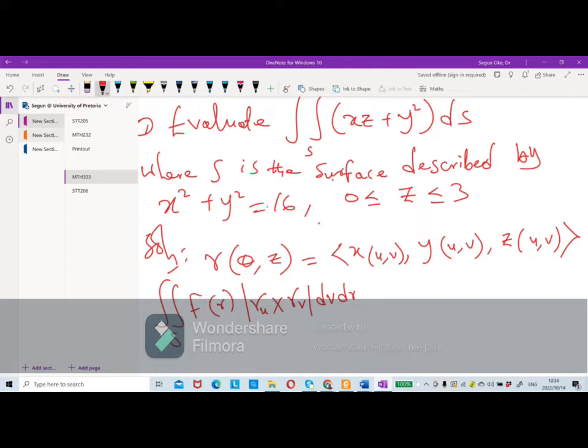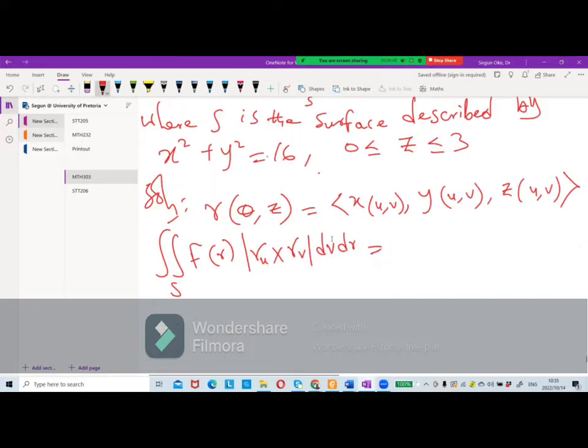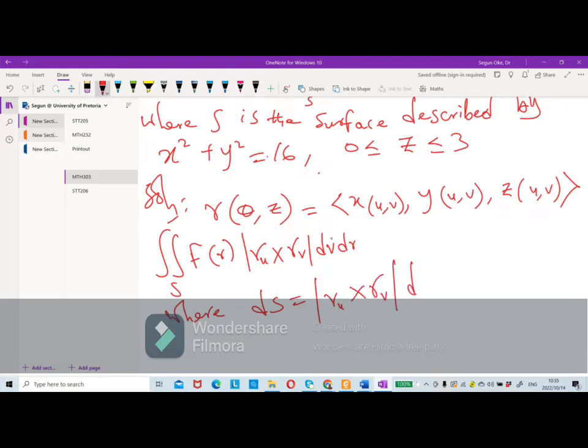So how do we differentiate this? What is our dS? On a normal day, I'm supposed to give us the x first, but let me still go ahead. Where dS equals Ru cross Rv, du dv.